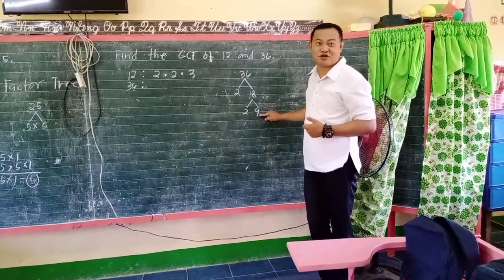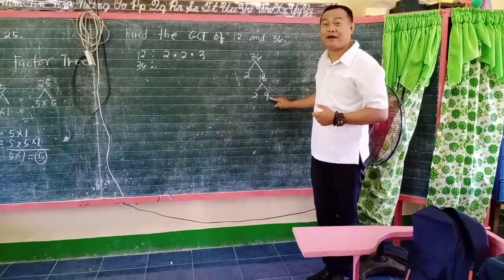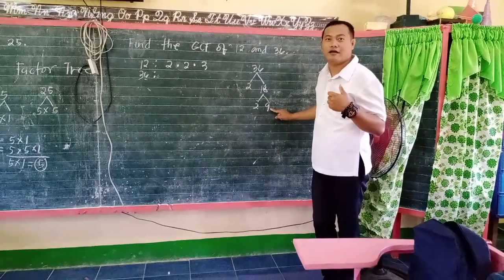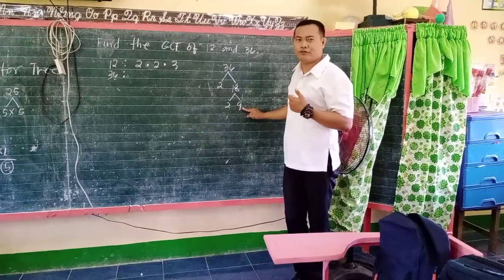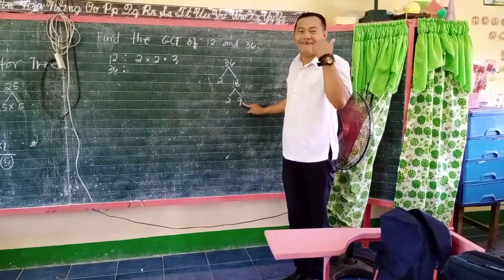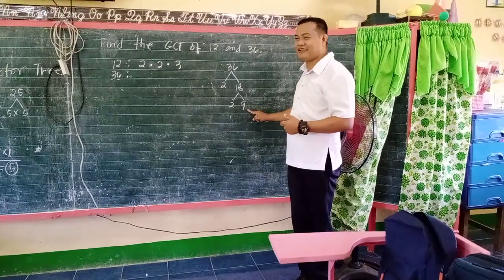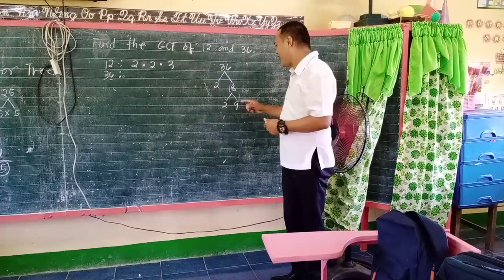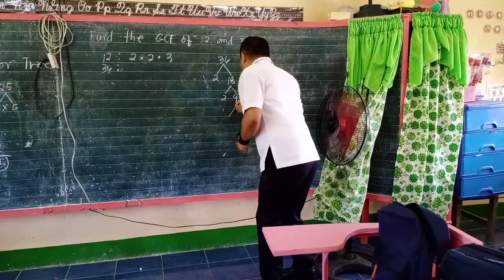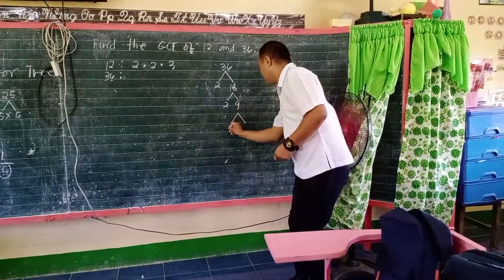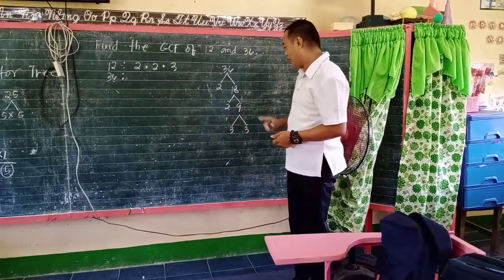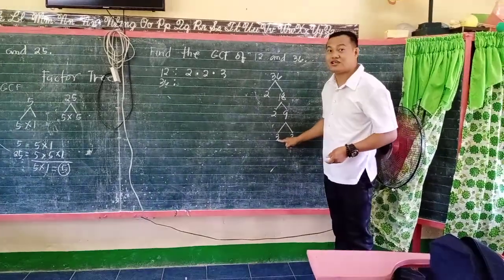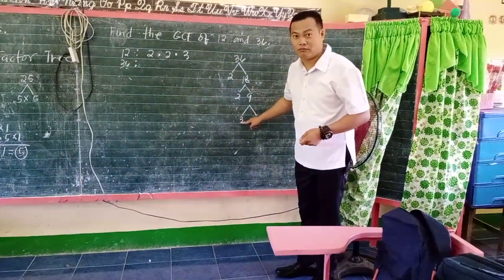Yes, there are factors of 9. Can we divide 9 by 2? No. How about 3? Very good. We can divide 9 by 3. And 9 divided by 3 is equal also to 3. And take note that 3 is in its prime factor form already.